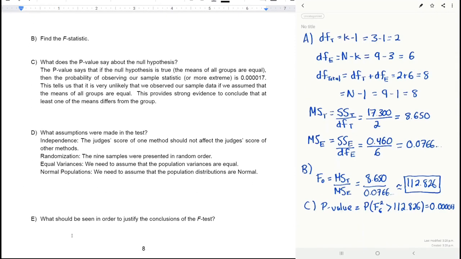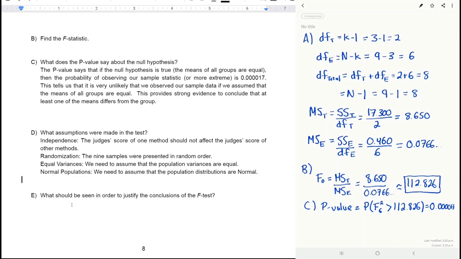Okay, so now what should be seen in order to justify the conclusions of the F test? So what we should look for is the side-by-side box plots for each group and compare the spreads for checking equal variances.